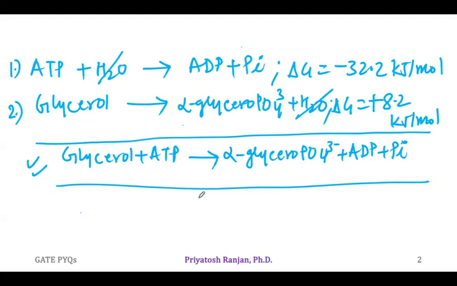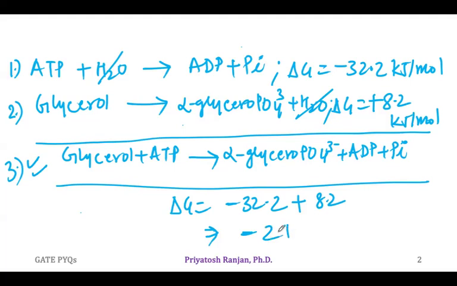So keeping all these things in mind, I can calculate the free energy change for this final reaction, which I'm calling the third, and the value is going to be the sum of the individual delta G values, which is minus 32.2 plus 8.2 kilojoule per mole, and the value is going to be minus 24 kilojoule per mole. So this is going to be the final answer.